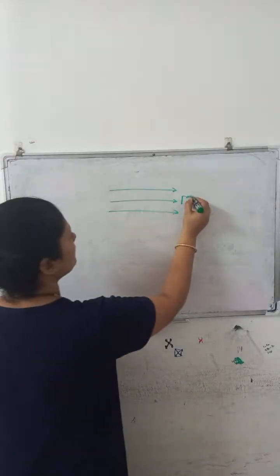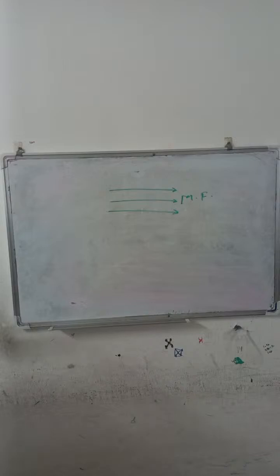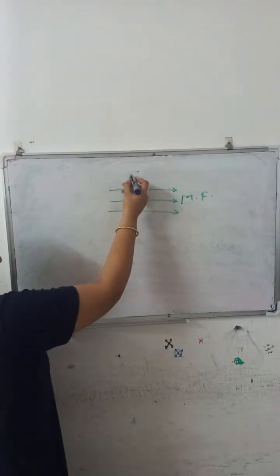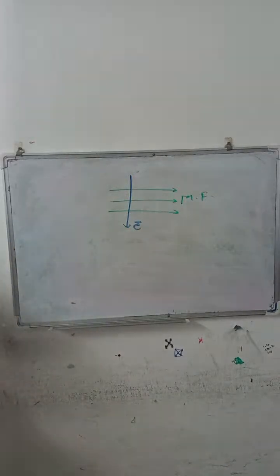Okay, this magnetic field line, the green color part, shows the magnetic field lines, and there is an electron whose direction is this. Draw this. An electron enters a magnetic field at a right angle to it as shown in the figure. They are asking the direction of the force acting on the electron.